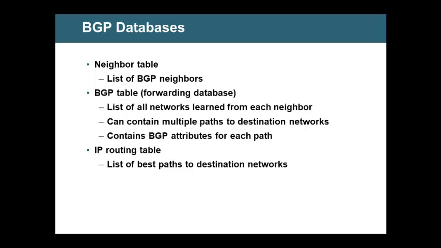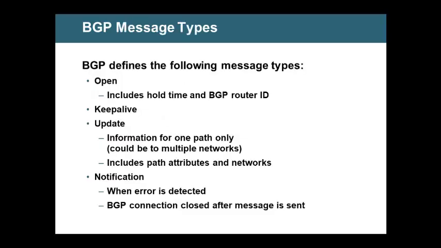Next, there are different types of messages: open message, keep alive message, update message, and notification message. Open message, as I said earlier, after the three-way handshake is successful between two routers, the very first BGP packet that will be sent, along with the hold time and the router ID, is what is called the open message.